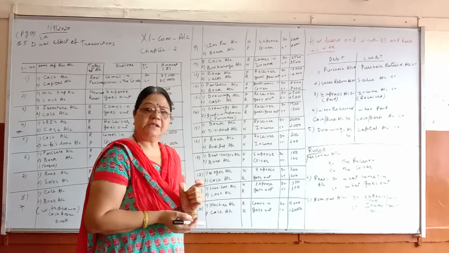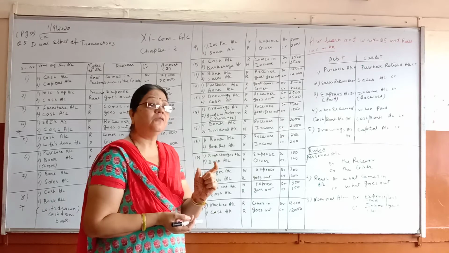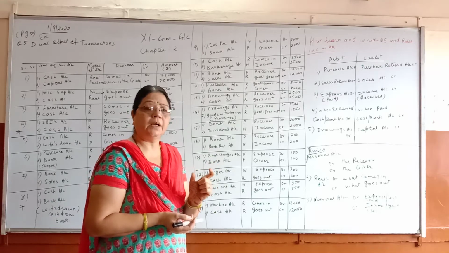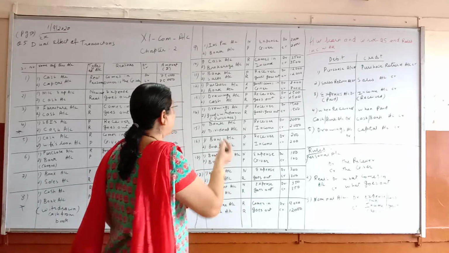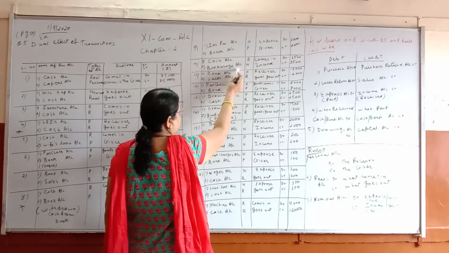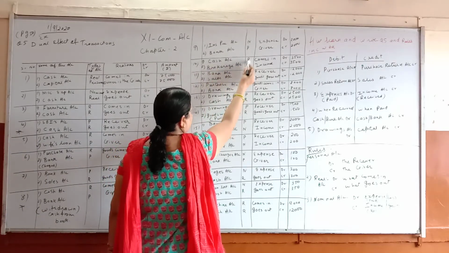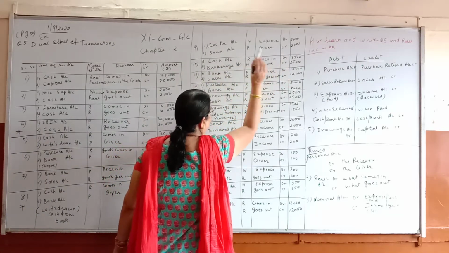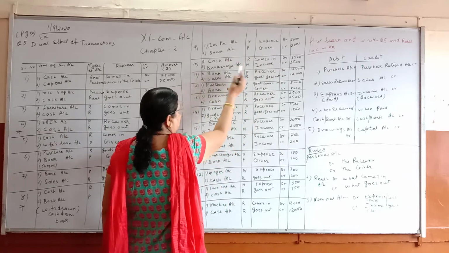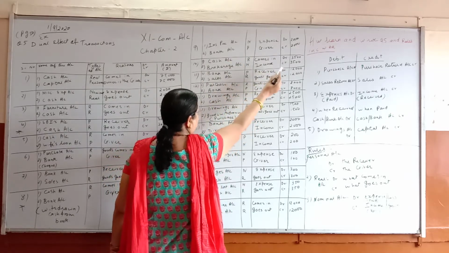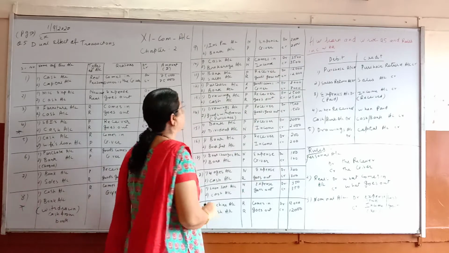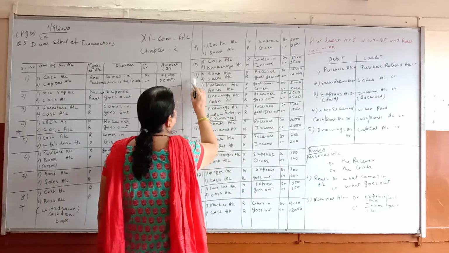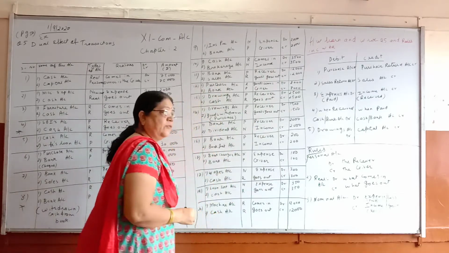And what is the source of your income? Brokerage. So cash account and brokerage account. Cash account is real, comes in, 3,500. Brokerage, nominal, income, credit.